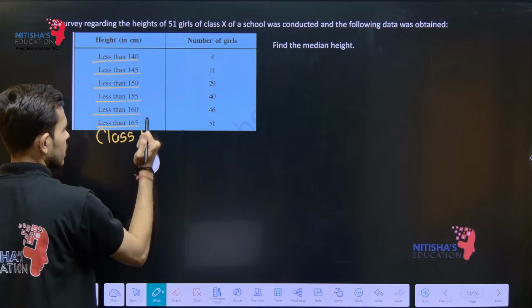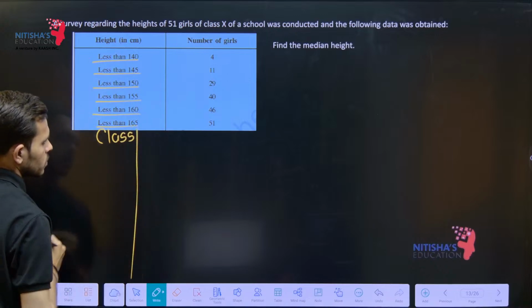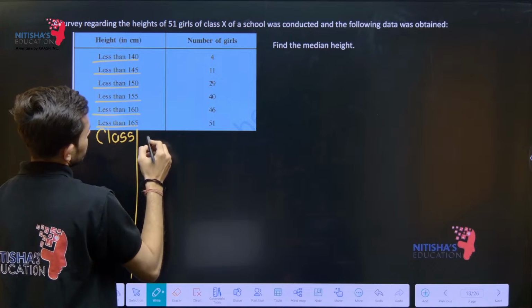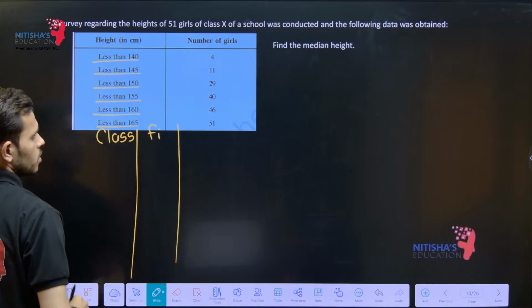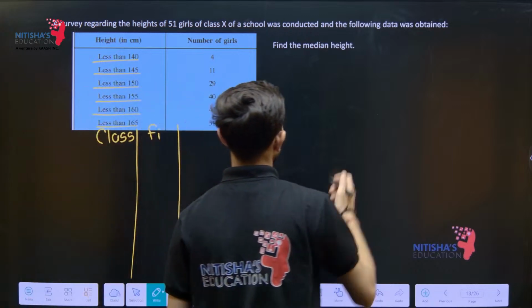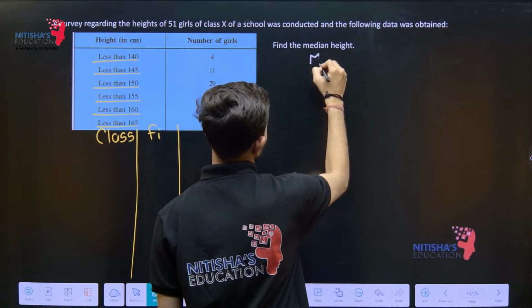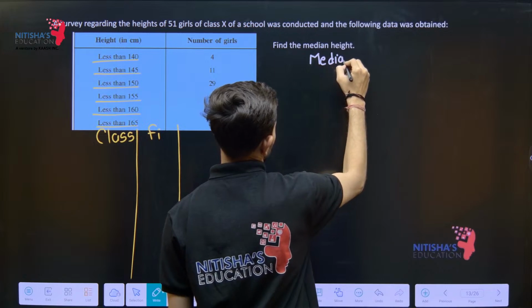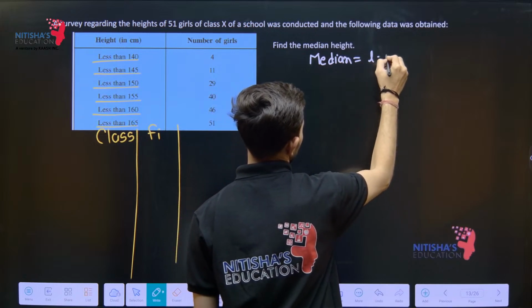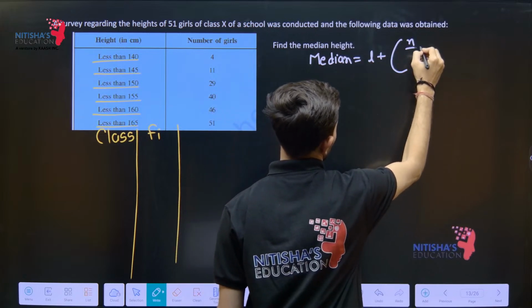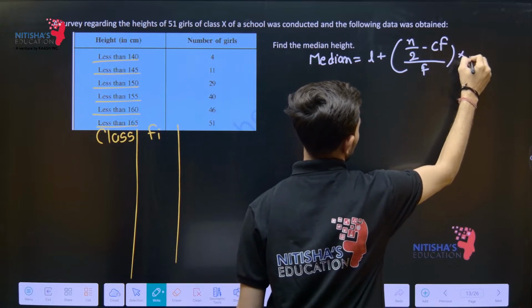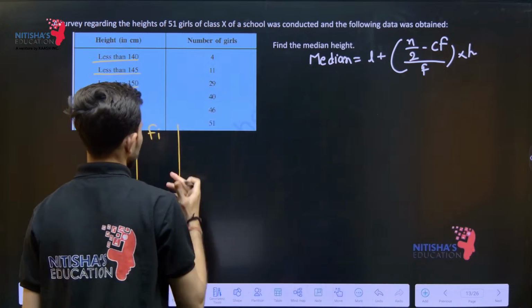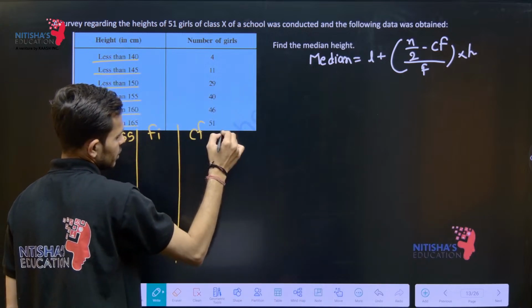Here we have class. Second, we need to write the frequency, right? And what is the equation of median? So median is given by L plus (n upon 2 minus Cf) upon F into H. So here we need to find the Cf, cumulative frequency.